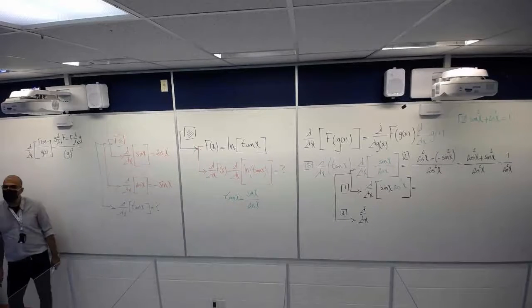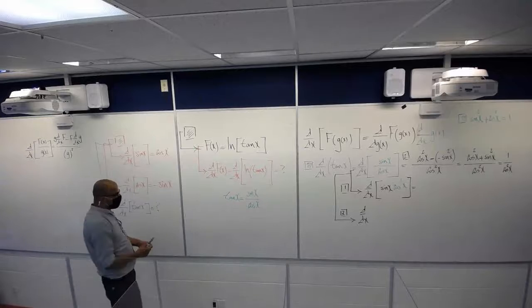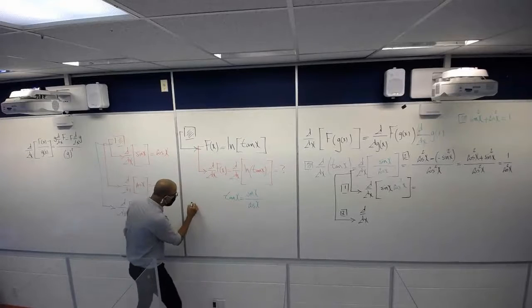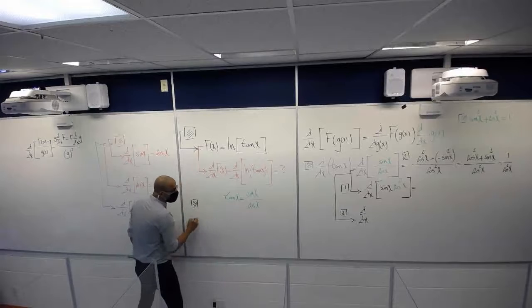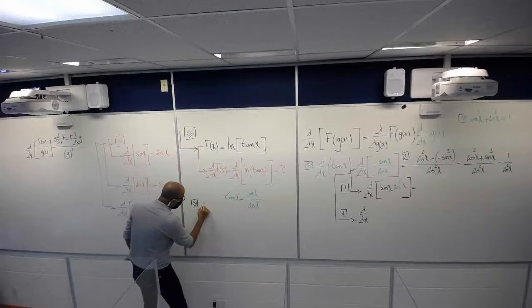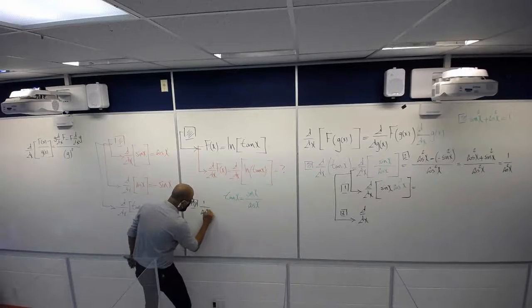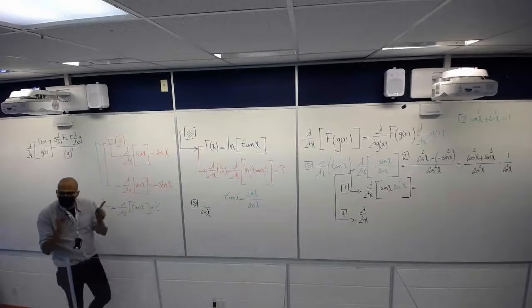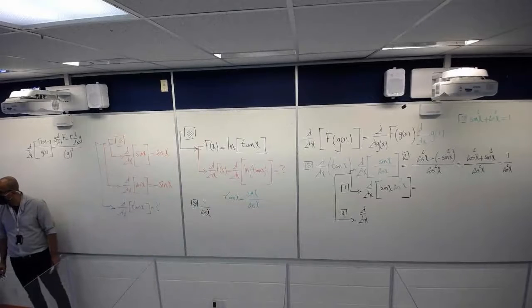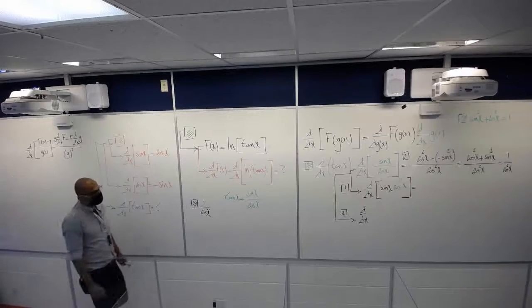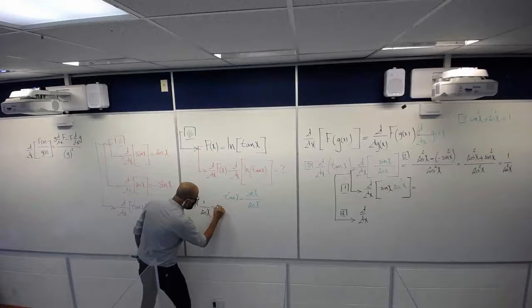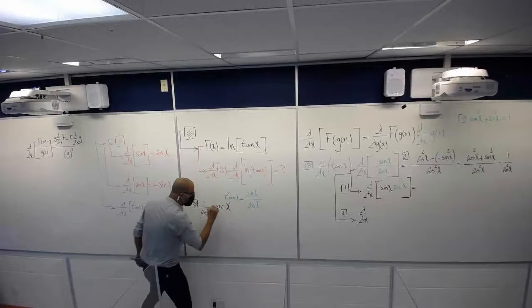Or you say, no, I'm curious, because I know from the things I learned in the past that 1 over cosine of x is another trigonometric ratio, not identity, which is secant of x. Have you seen that before?